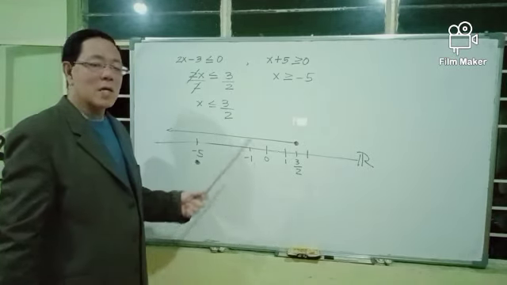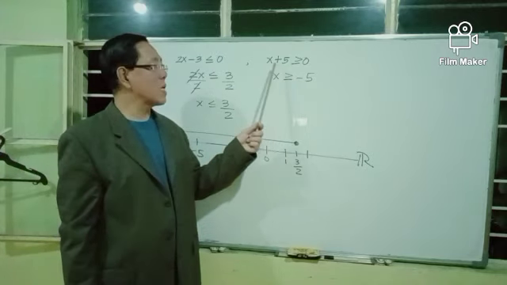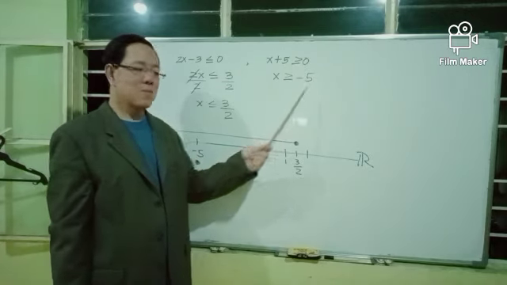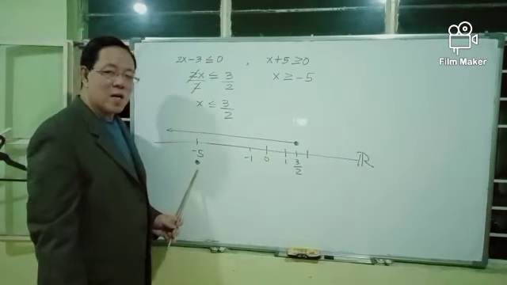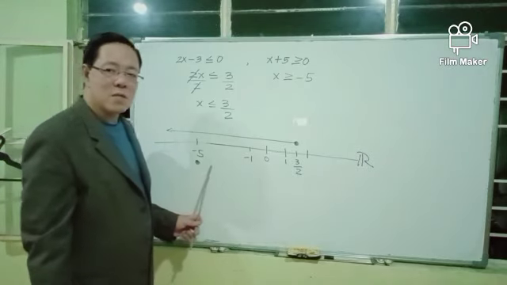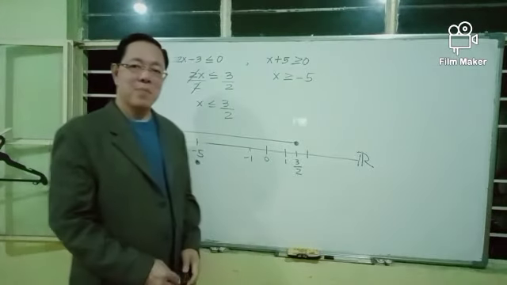And all the real numbers that are greater than negative 5 are also solutions of this linear inequality x plus 5 greater than or equal to 0. And this is negative 5. The real numbers that are greater than negative 5 are all real numbers to its right, up to positive infinity.